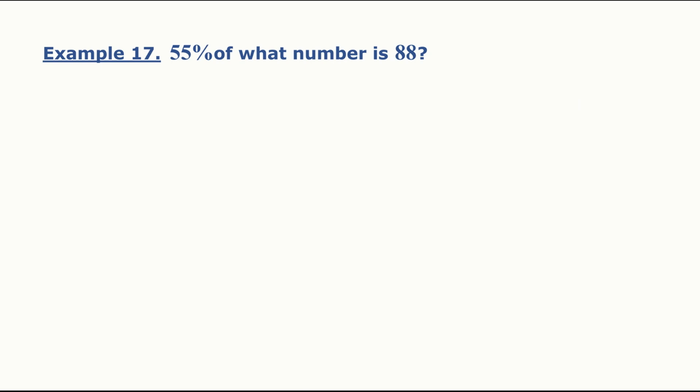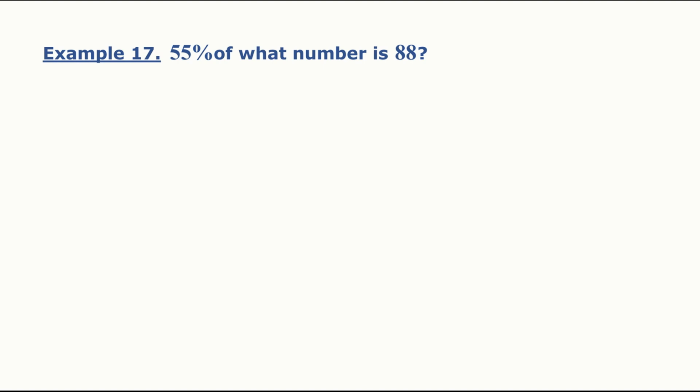All right, so now we want to look at a few percent applications. We want to know 55% of what number is 88. The best way to approach these, the way that you're never going to forget, is just direct translation from English to mathematics.